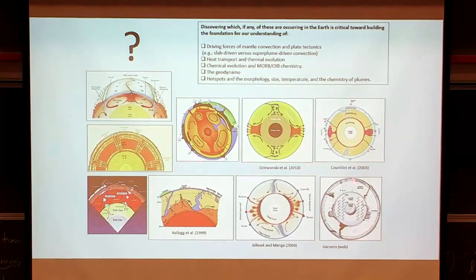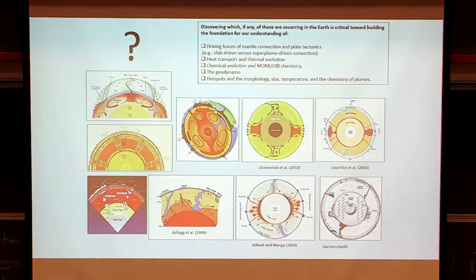These all have different temperature structures and different changing temperature with time predictions, I guess you would say. Each of these has different implications for the chemical evolution and the cause of the difference in MORB and OIB trace chemistry. So Bill talked a little bit about those differences yesterday. So those are differences we see at the surface.